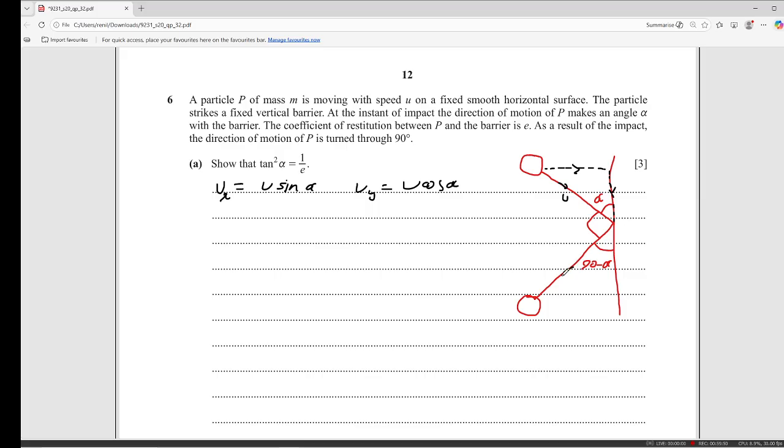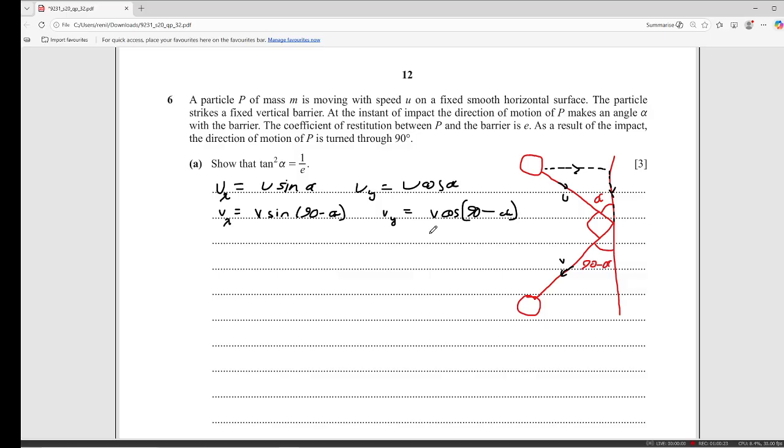It leaves with a velocity v. We can label it as v even though the question never mentions it. So Vx equals v times sine 90 minus alpha, and Vy equals v cos 90 minus alpha.